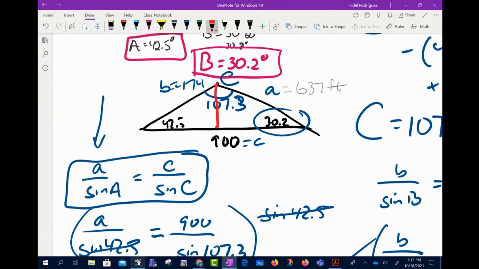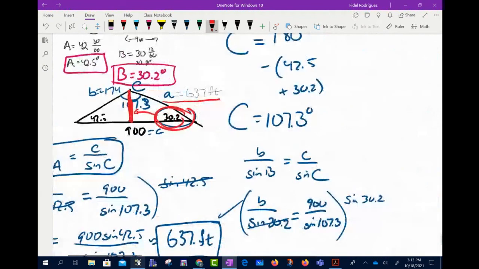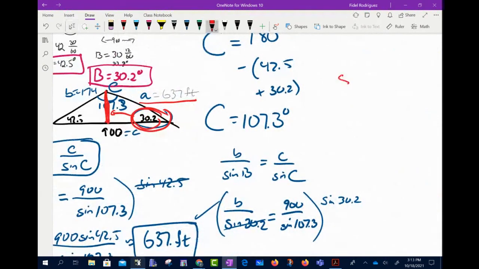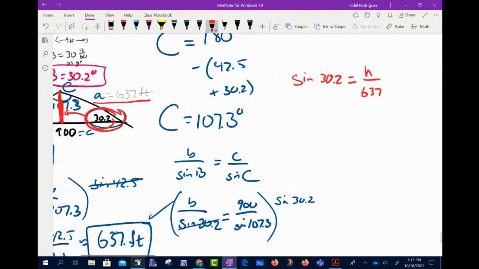So guys, I want you to think about this for a minute. If I'm trying to find this value right here, suppose I wanted to use this angle. Couldn't we say the sine of this angle is equal to the opposite over the hypotenuse? Because now I have this right triangle. I'm going to do it over here on the side. I would say the sine of 30.2 is equal to, we'll call that distance, we don't know it, h, over 637.